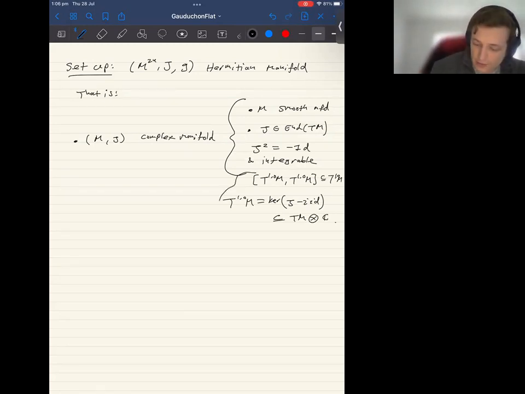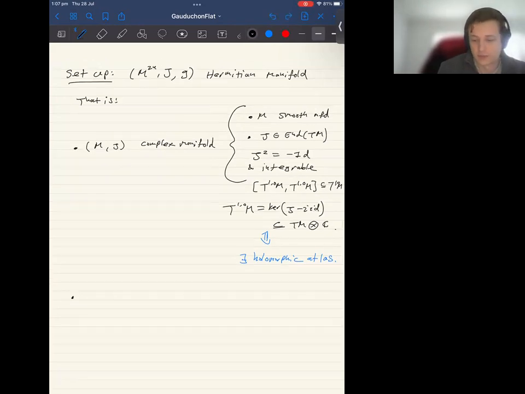So this technical integrability condition basically makes it equivalent to the existence of a holomorphic atlas. Okay, so you have charts into C^n, and then the transition maps are holomorphic. Okay, so that's the first two bits of data.